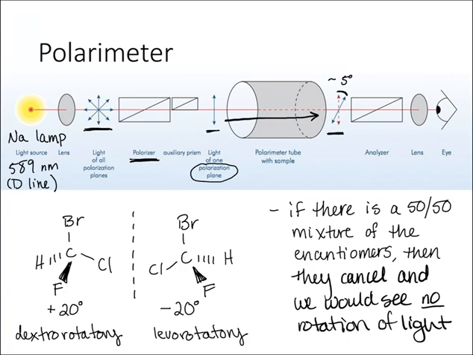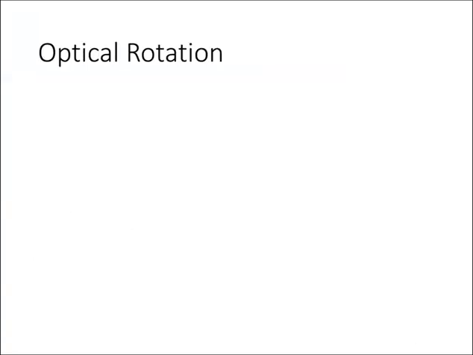So let's talk about something called specific rotation. So actually, we're going to write here specific rotation, because the specific rotation of a compound is defined as the observed rotation under specific conditions. All right. So this is given the symbol alpha in brackets.